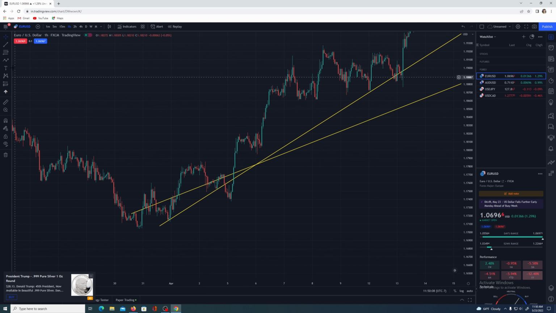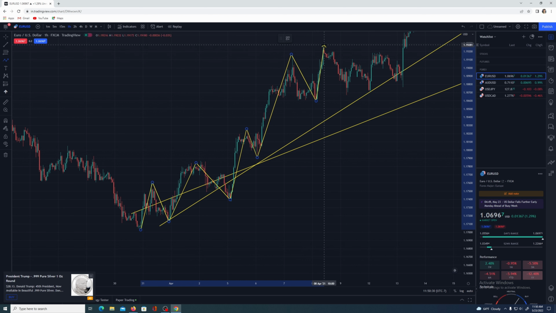And now we can really see this first run up, then we have a higher low, higher high, higher low, higher high, higher low, higher high, higher low, right? Higher high.